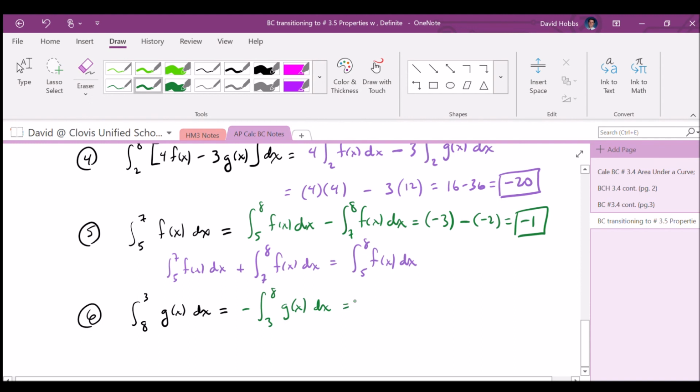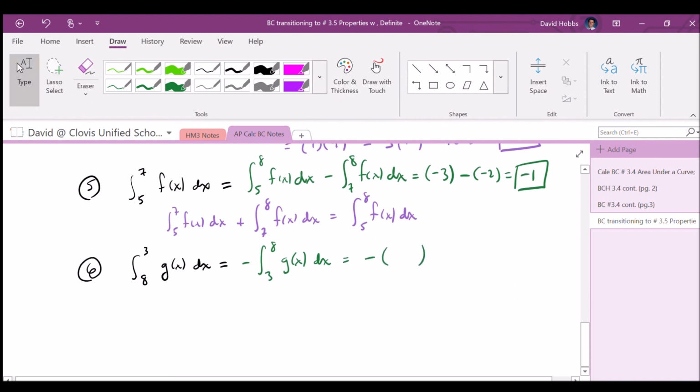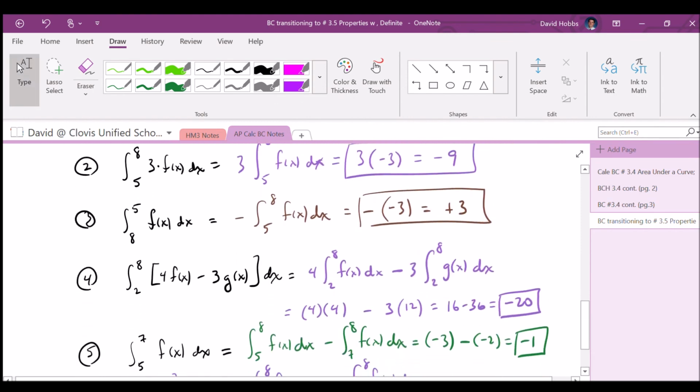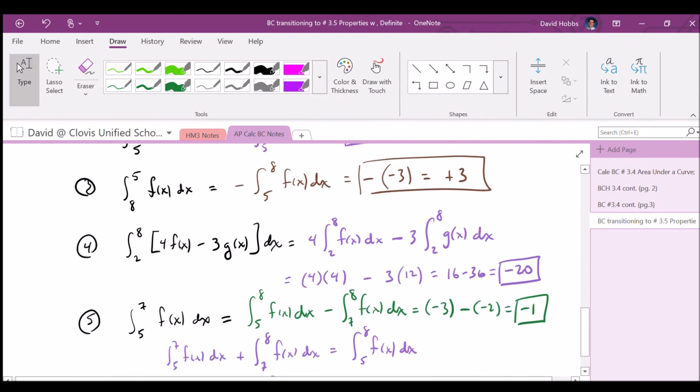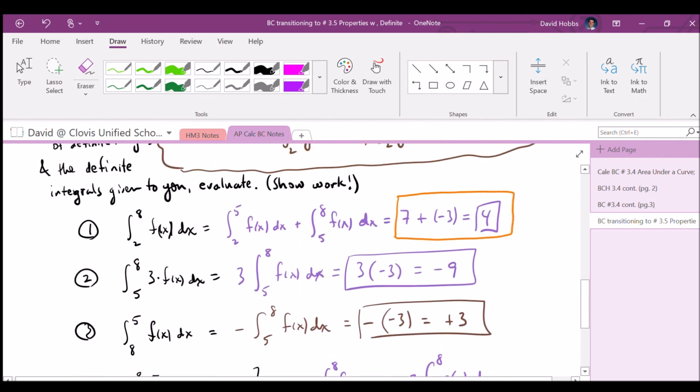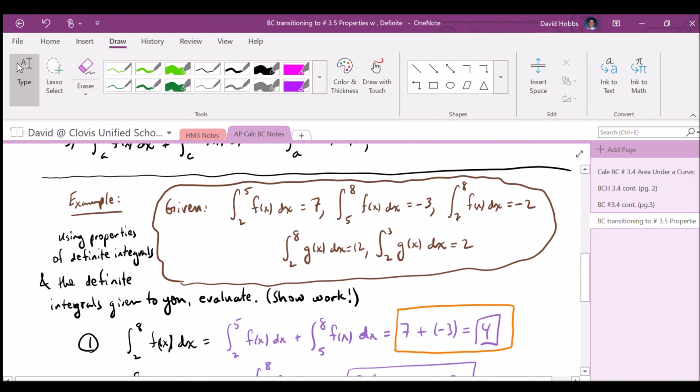Then we'll figure out what that's going to be. Now, the 3 to 8, since we just did one of these, where is that? Here it is. 2 to 8 covers the whole thing: 2 to 3 plus the 3 to 8.